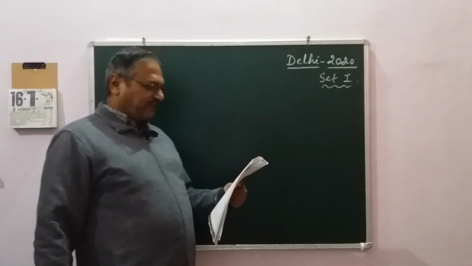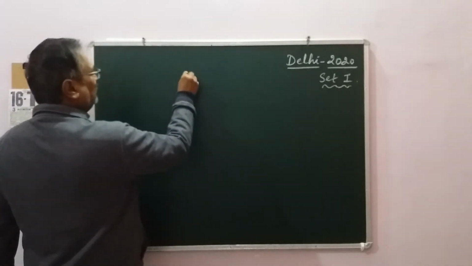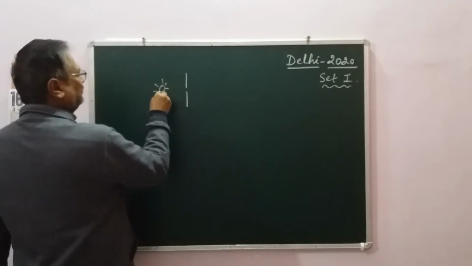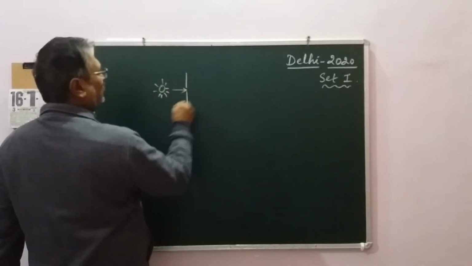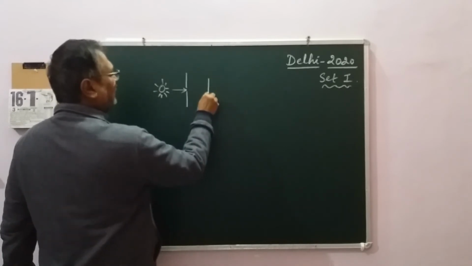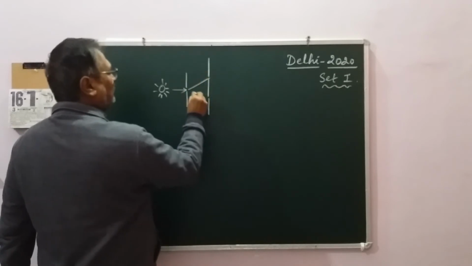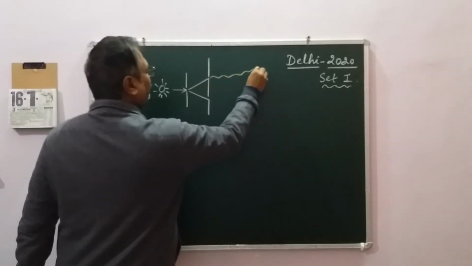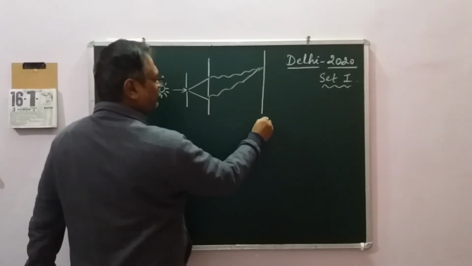The shape of the interference fringes in a Young's double slit experiment. Young's double slit experiment has a source of light and there is a single slit. A coherent source is going to be coming from here. There is a double slit. The rays will become coherent from here and they are going to interfere and form the fringes. This is the screen.